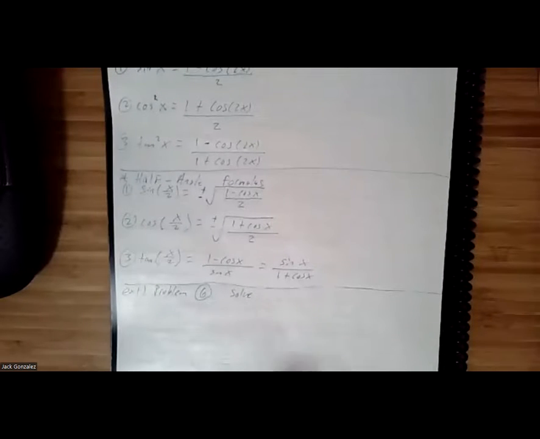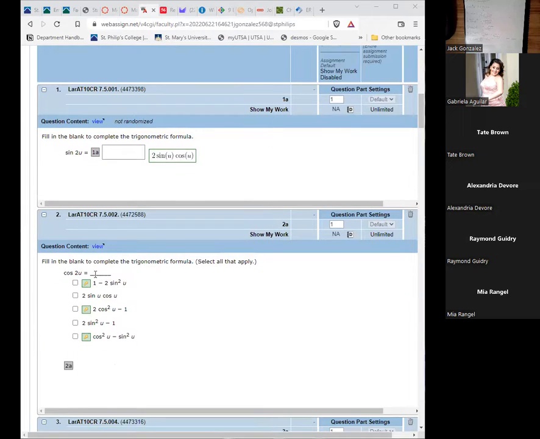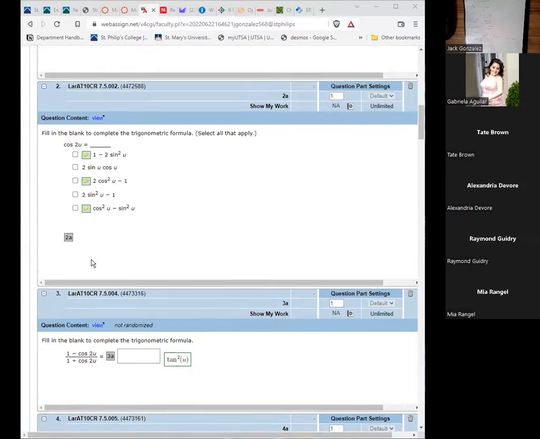So that's 7.5, that's what we're on now. Okay. So the first one is just basic apply a formula, right? Apply a formula.